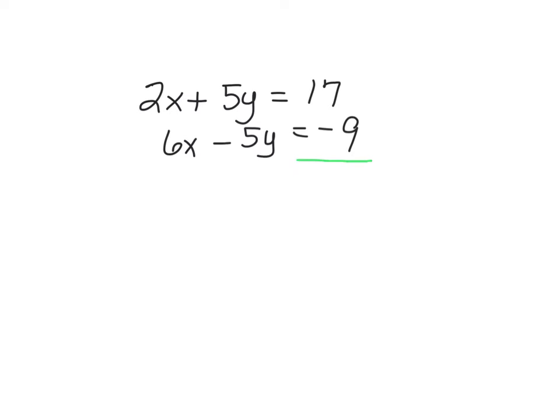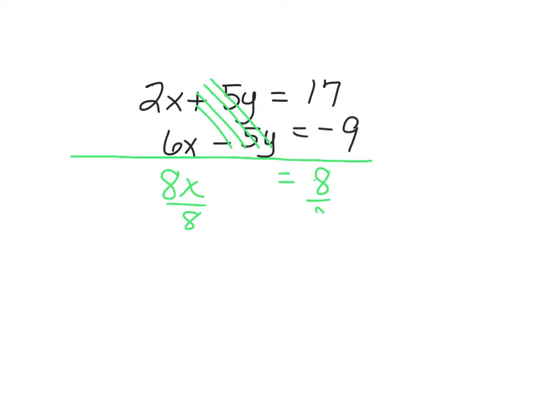Watch what happens here, I'm going to add those two equations together. 2x plus 6x, well, that's 8x. Plus 5y and minus 5y, those are additive inverses of each other. They cancel out, right? That's 0. It's a zero-sum pair. If I add 17 and -9, I get 8. Look at that. I went, again, from two equations and two variables down to one equation with one variable. We know what to do from here.